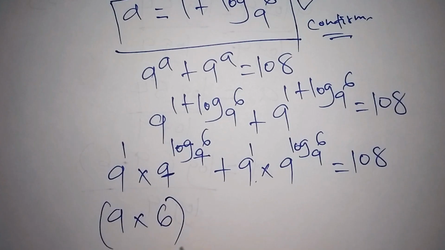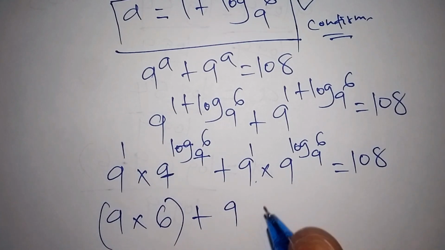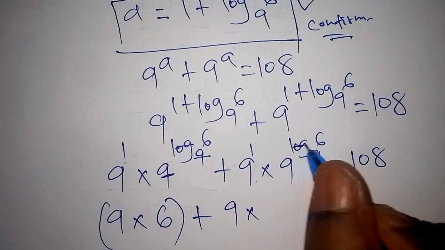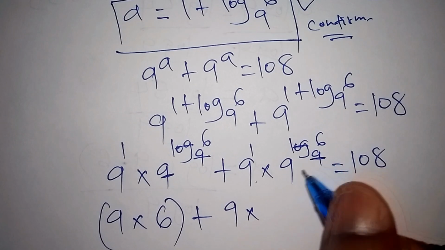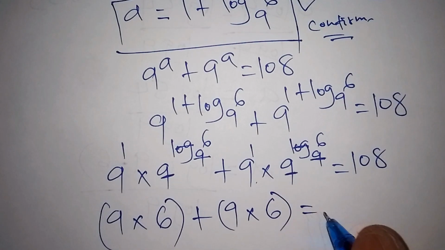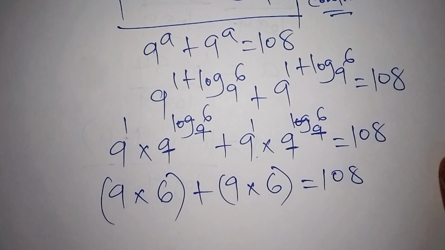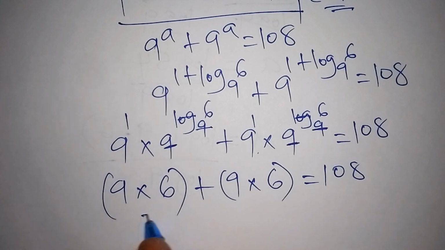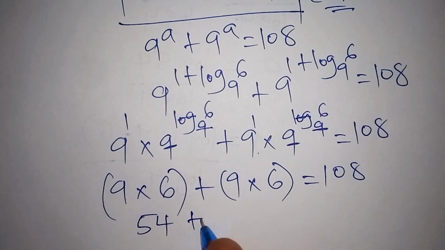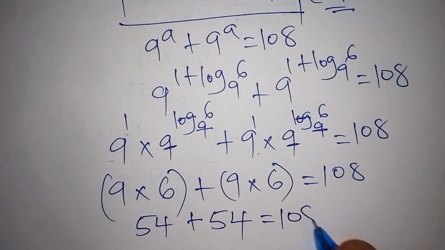Let's put them into bracket, plus. 9 to the power of 1 is 9, then multiplied by, the log to the base 9 cancels this 9, so we have multiplied by 6 again, is equal to 108. From here, 9 multiplied by 6 gives 54, plus 9 multiplied by 6 is also 54, is equal to 108.